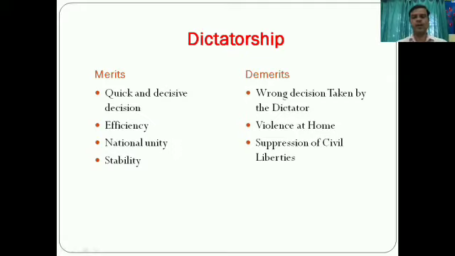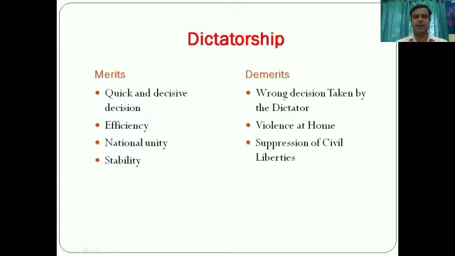Now we'll compare democracy with dictatorship. So which are the merits of dictatorship? In dictatorship, a person or that government or that particular nation can take a quick and decisive decision. Efficiency is more, national unity and stability.